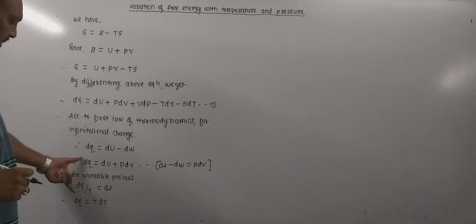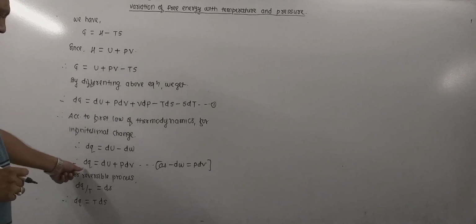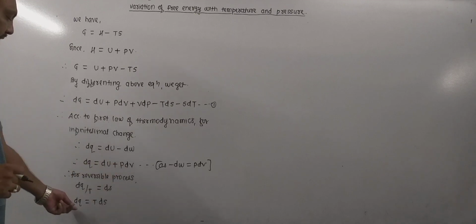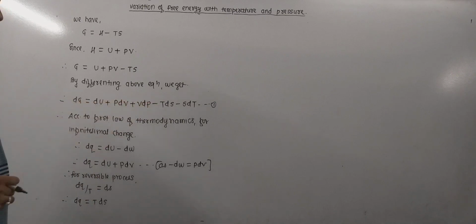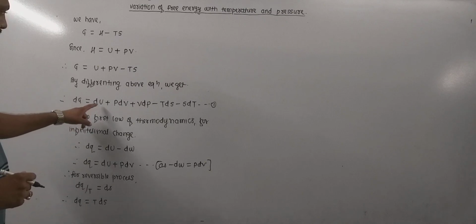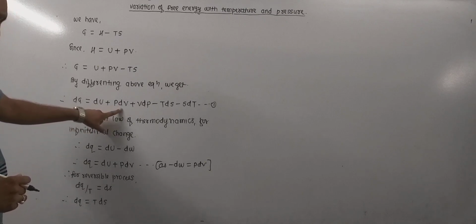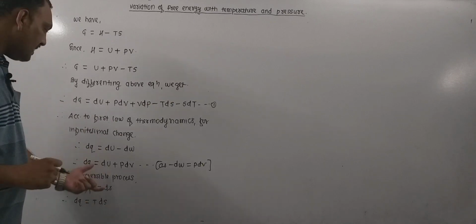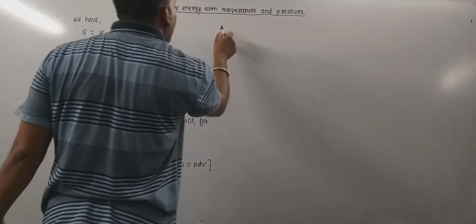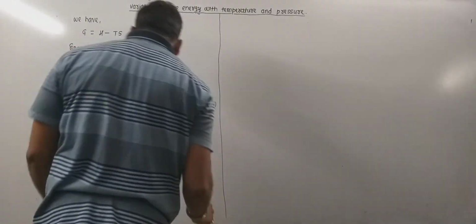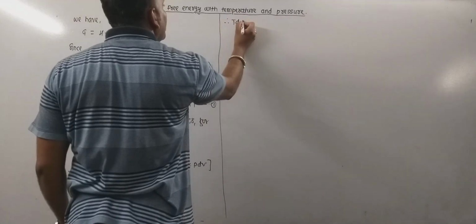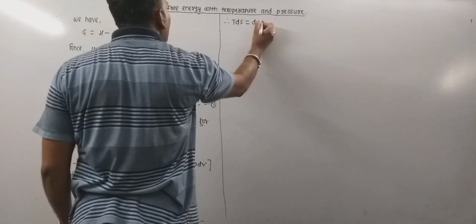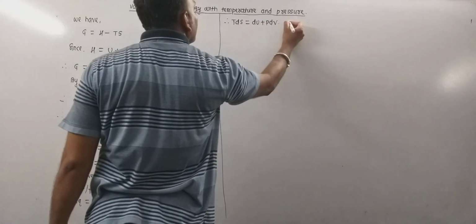Now when we compare these two, dq equals dU plus PdV and dq equals TdS, we easily conclude that TdS is equal to dU plus PdV.